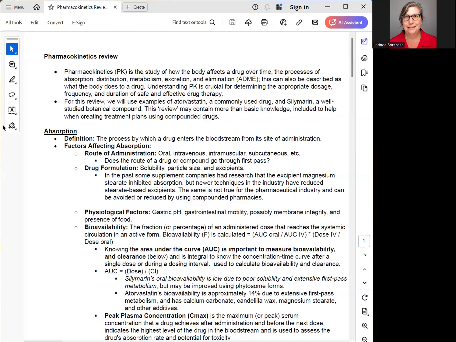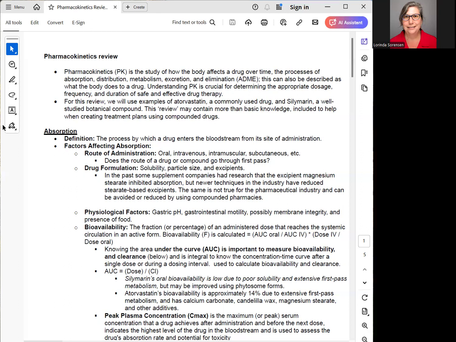Now, I personally put a lot of effort into the pharmacokinetics because I think there is more information. And as you can see at the top, second bullet point at the top of the page, I wanted to do some integration of how botanicals could be using this model.